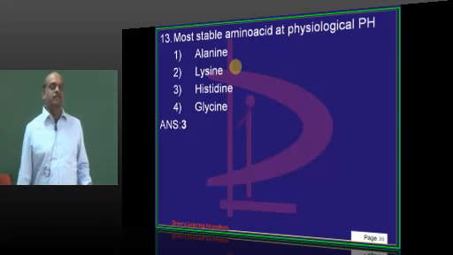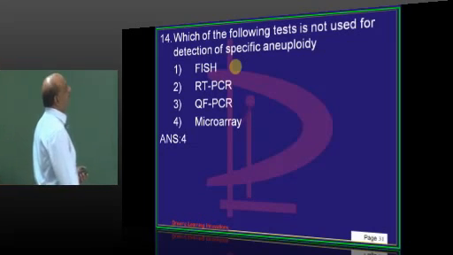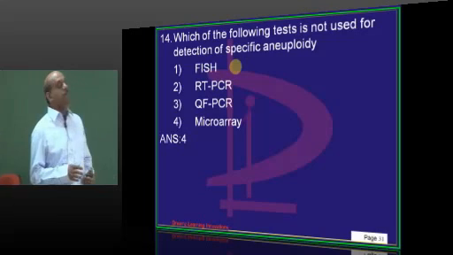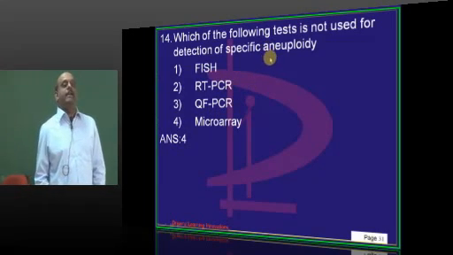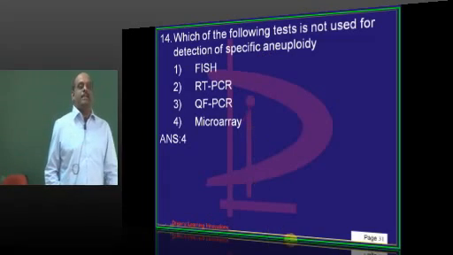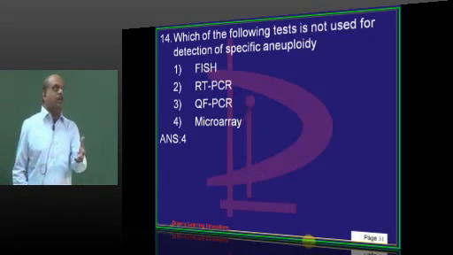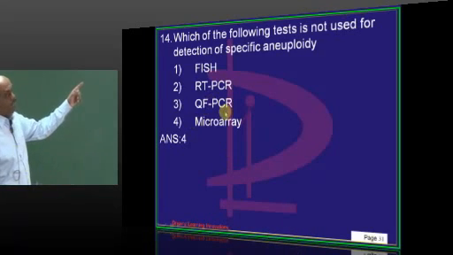Histidine is responsible for all the buffering which you see in physiological pH, which is not used for the aneuploidy detection. So basically aneuploidism, what happens doctor, the chromosomal number will alter. So what will you do?